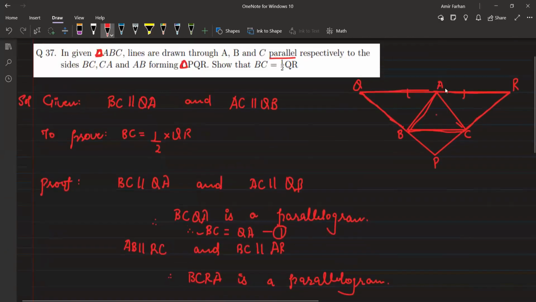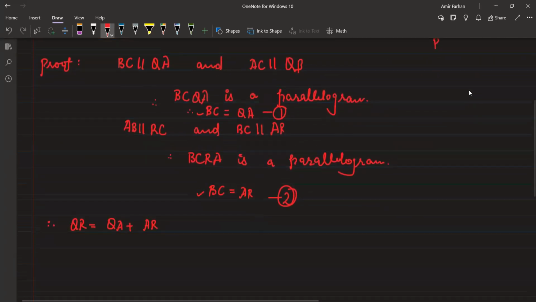So QR can be written as QA plus AR. Yes or no? Yes, sir. Okay?